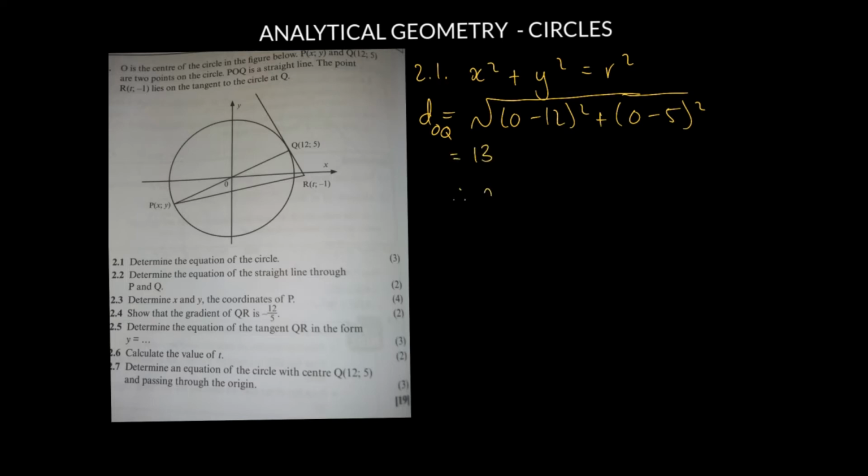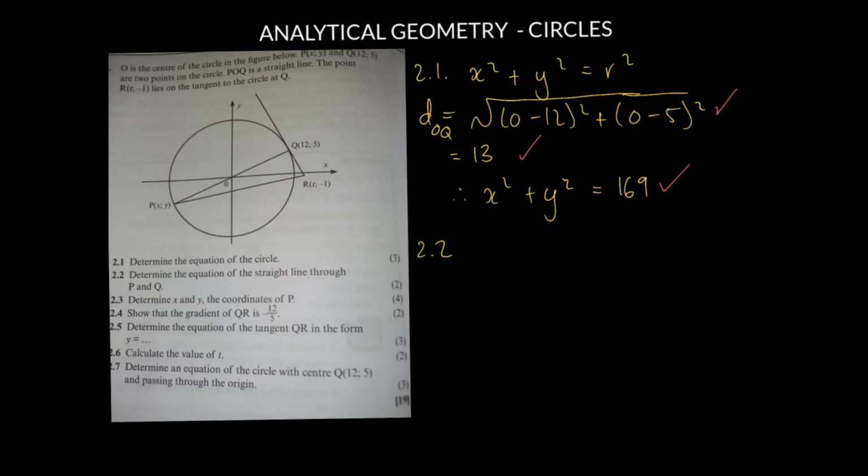So therefore, the equation of the circle would be x squared plus y squared equals 13 squared, which would be 169. Okay, so this question was out of 3 marks. There would be a mark for the distance formula, a mark for the answer, and then a mark for writing it like that.